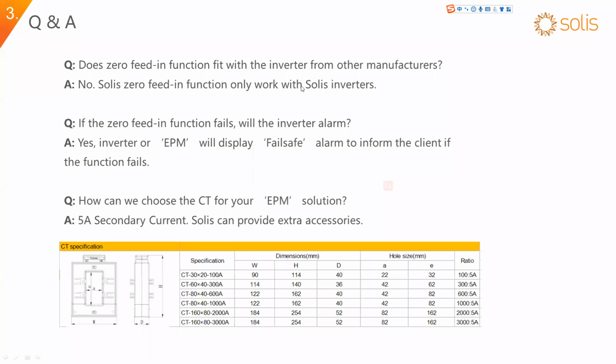The data logger connects to your Wi-Fi signal in your house or in your factory, and then the data will be uploaded to the Solis cloud monitoring system. When you have the account and password, you can register those inverters into the system, and then you can get all the data. You can monitor all the data of your system remotely.